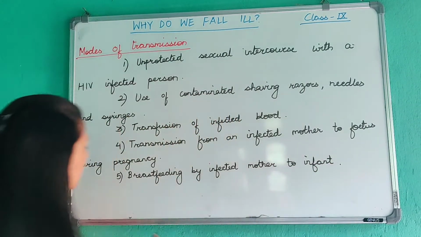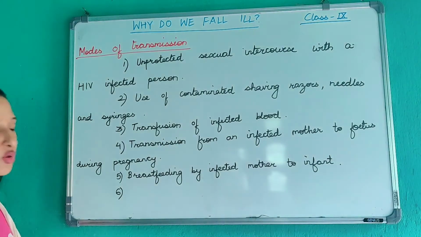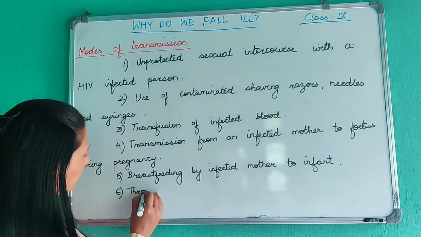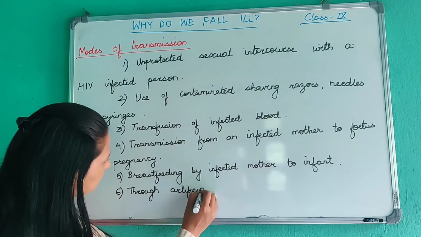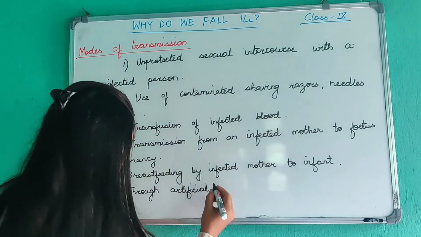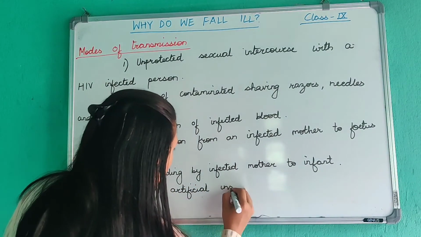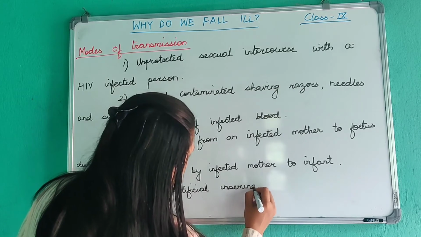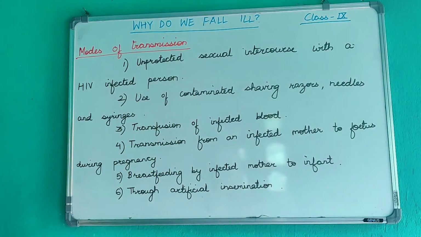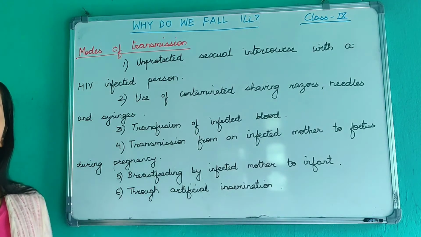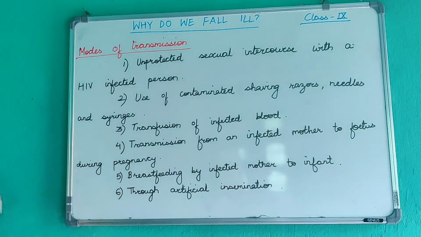And finally, the sixth one is through artificial insemination. Sometimes the sperm is directly injected into the uterus of the female, that is known as artificial insemination, and that also results in the spread of AIDS.